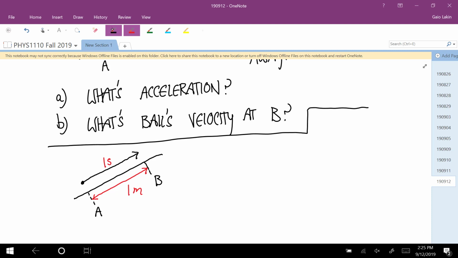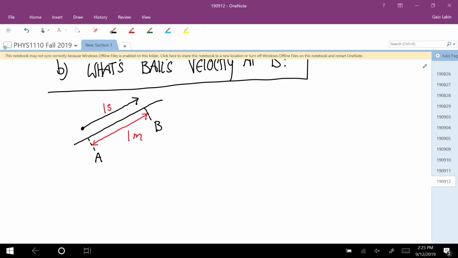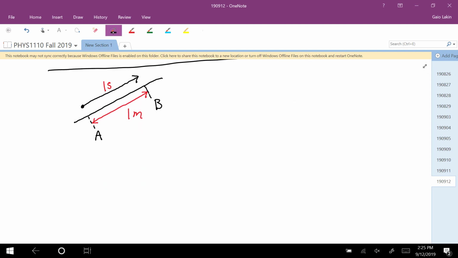Now we're going to do the first step in the constant acceleration equation steps method. We have to choose our position equals 0, our positive direction, our time equals 0 instant, and our time final instant.